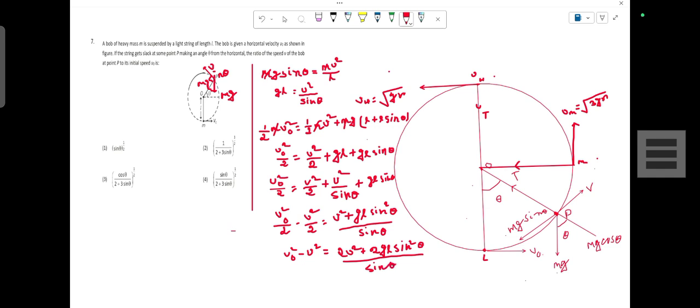Okay, v naught square minus v square, you put this here.